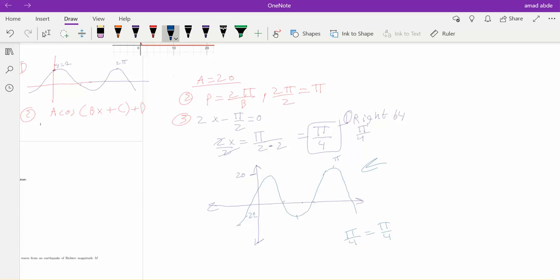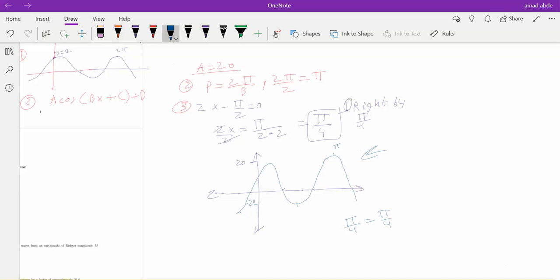So pi plus pi over 4 is 4 pi over 4 plus pi over 4, which equals 5 pi over 4. Then to figure out what these points are, we do pi divided by 4, we get pi over 4, and then we just keep adding pi over 4 to get this point and this point.